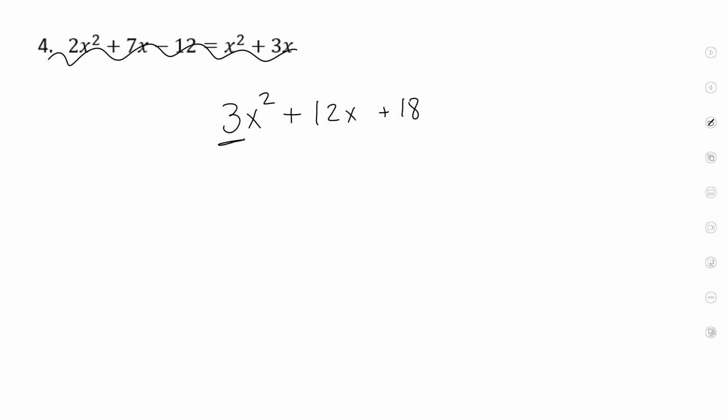Whenever I have a number bigger than 1 right here, you need to divide. So I'm going to divide all of these by 3. So I get x squared plus 4x plus 6.